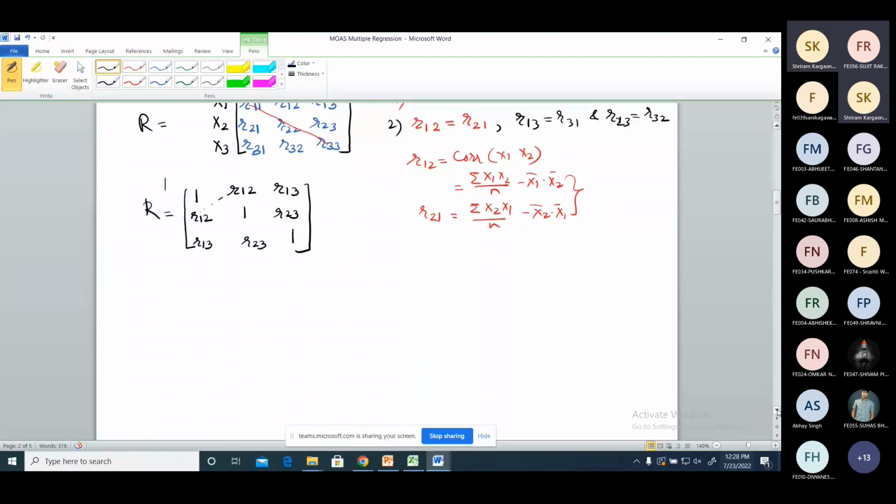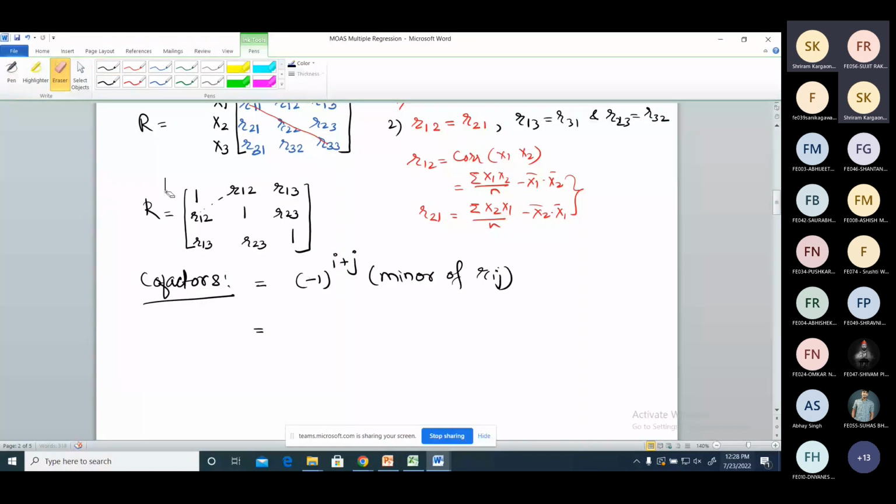Now this is the correlation matrix. Next you have to understand the cofactors. How to find the cofactors? It is minus 1 to the power i plus j times the minor of Rij. For simple correlation we can say R12 is equal to R21, but cofactors are different.